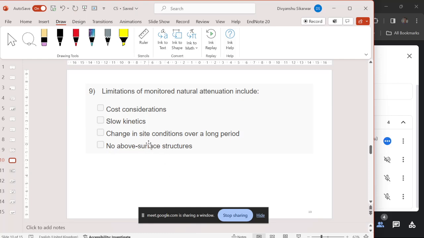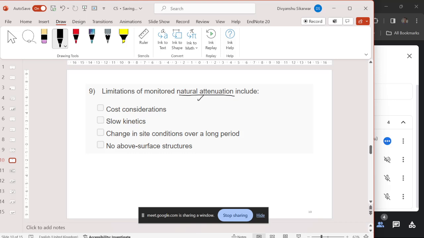This is the last question for week 5. Limitations of monitored natural attenuation include: we discussed natural attenuation, right? Reduction of contaminants naturally.